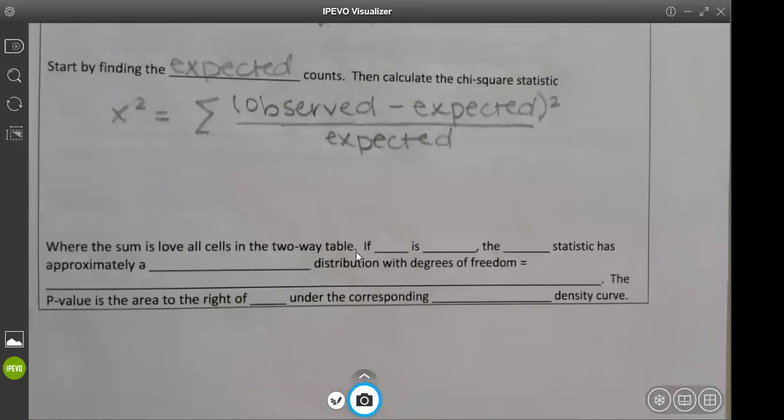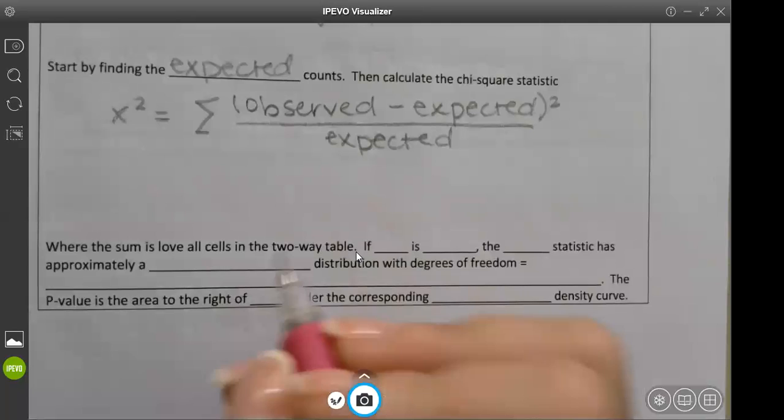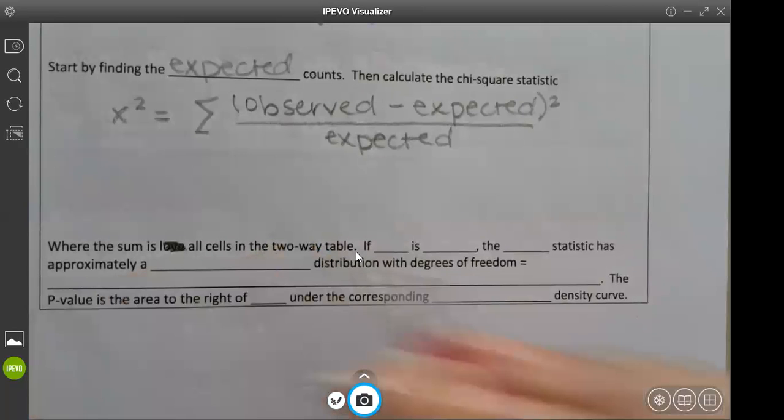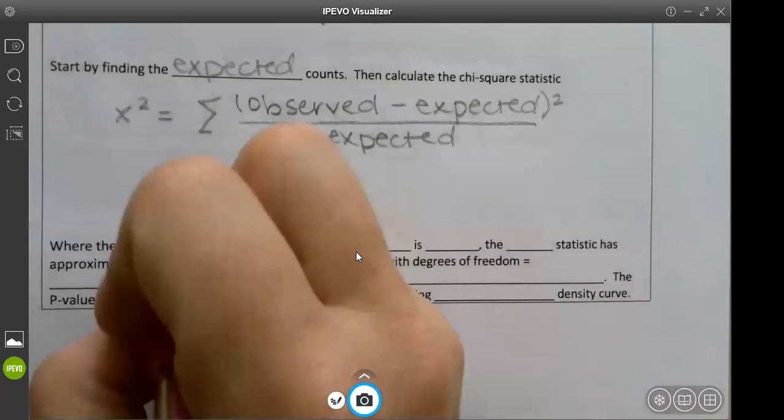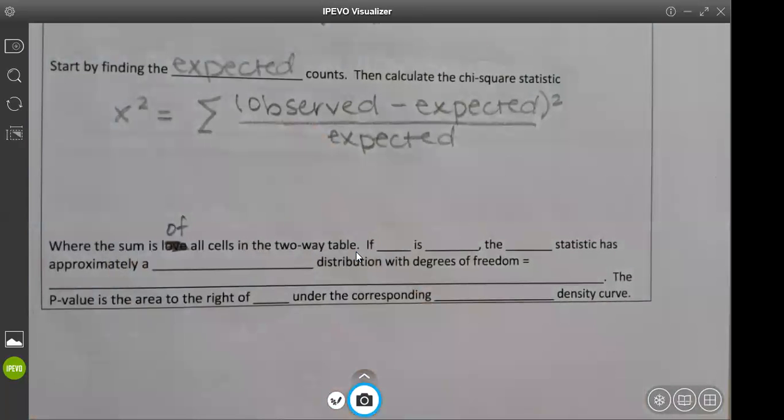Where the sum is, I think, of all the cells in the two-way table.